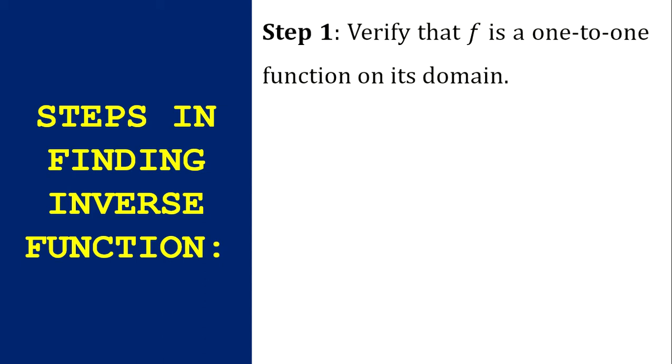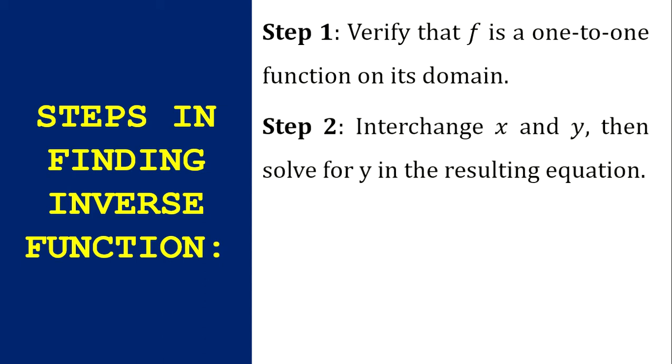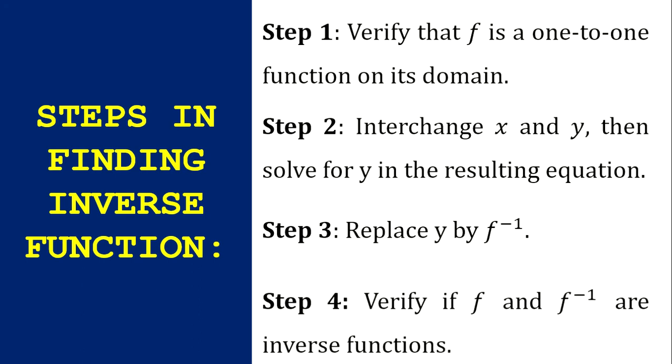For step two, here's what we'll do when it comes to finding the inverse function: interchange the x and y, then solve for y in the resulting equation. Then step three, we replace y by f inverse. And then step four, verify if the function and its inverse are really inverse to each other.